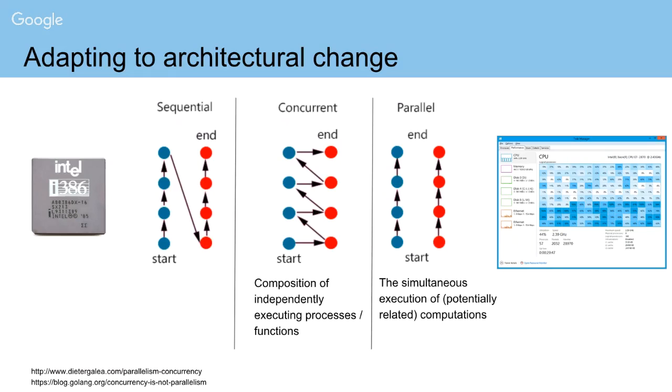For example, let's take this example of building a wall. In a sequential manner, I build my first wall. The first wall is finished. I move over to the second wall and do the second one. In a concurrent one, I start building my first wall, then I go to my second wall, then I lay another brick on the first wall, and so on and so forth.